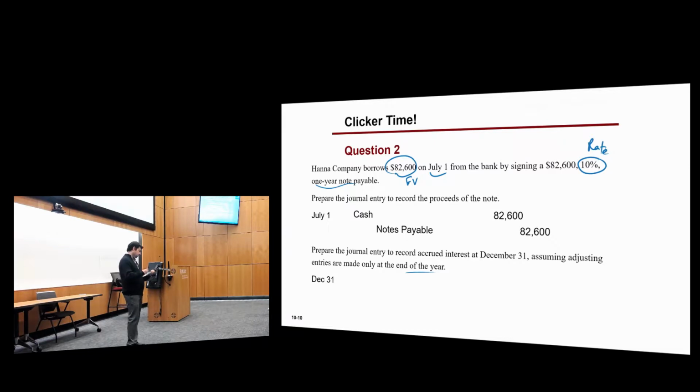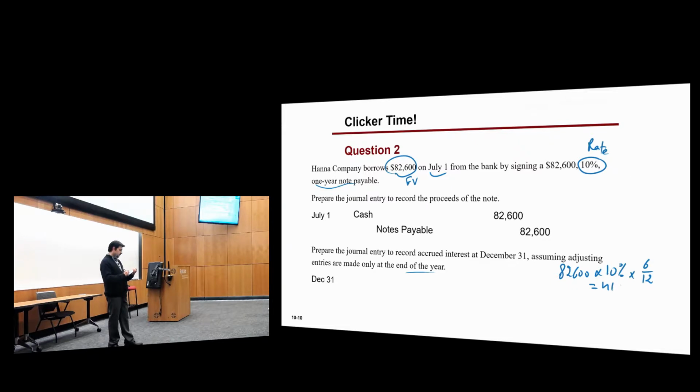So what's the amount? It will be 82,600 multiplied by 10%, multiplied by 6/12. How much is that? Use the formula.